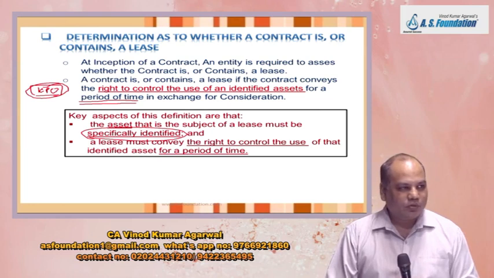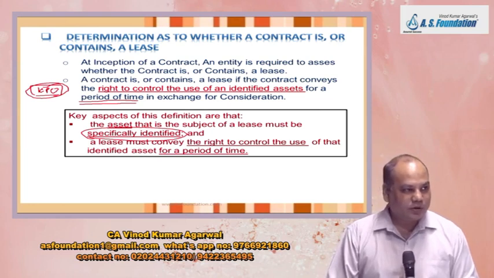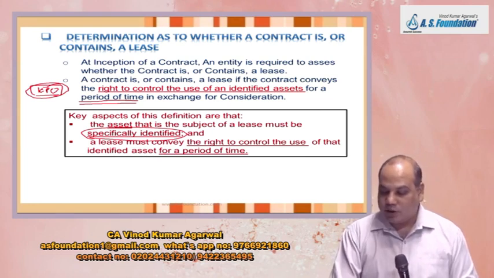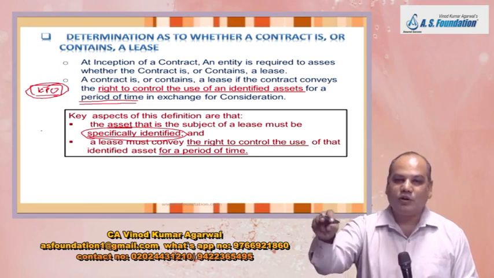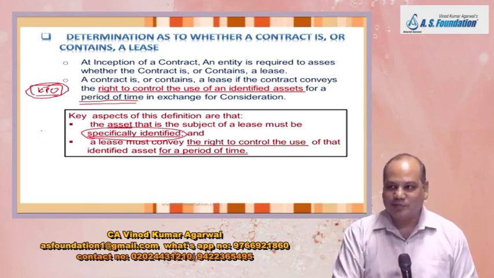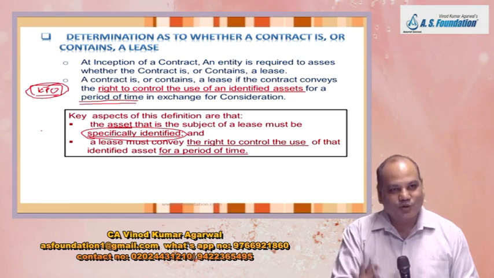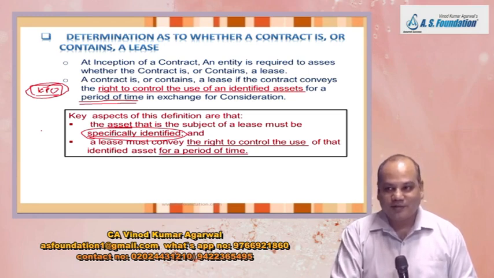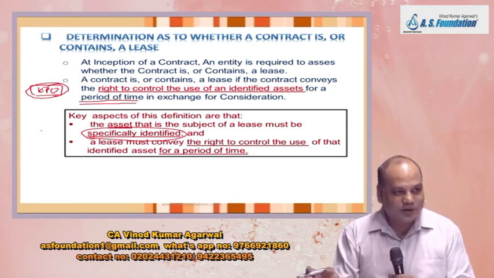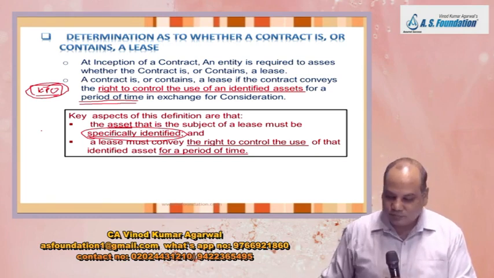Then that is not a specified asset. But the MD of that KPO company says, I want this black Mercedes car only. No other car, I want this only. Then this will become a specified asset. And then you may have to apply the standard.